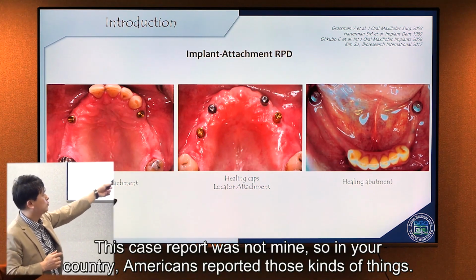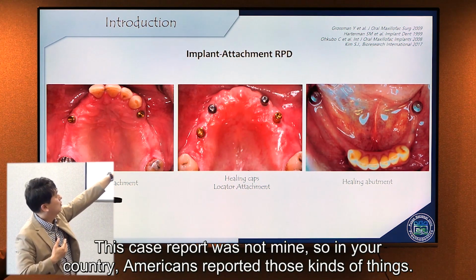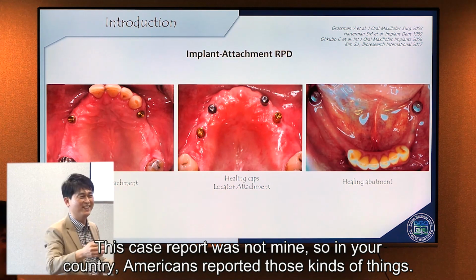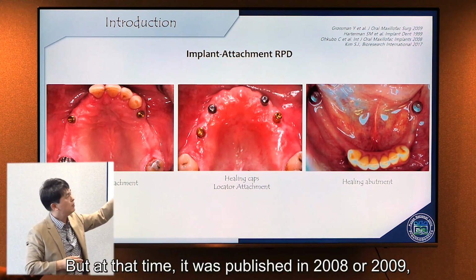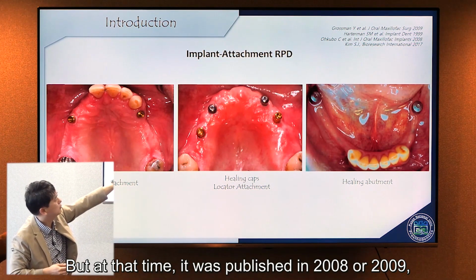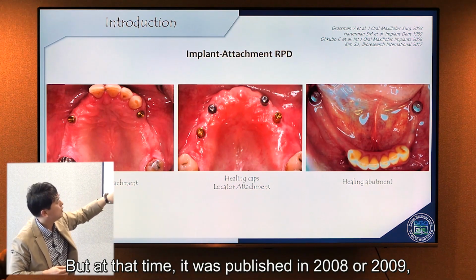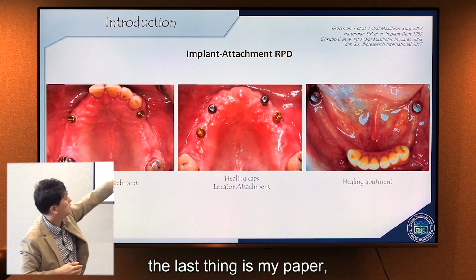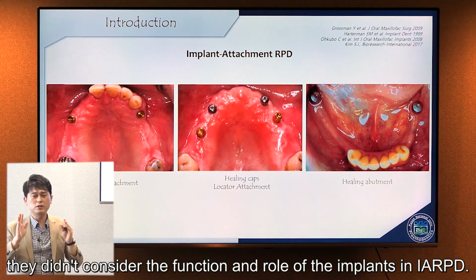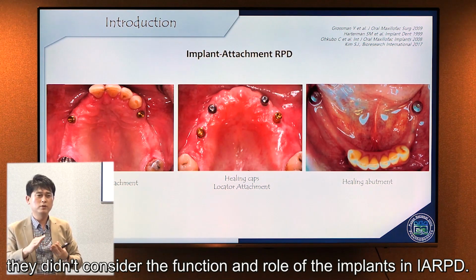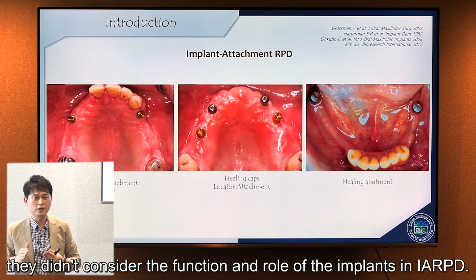Anyway, this case report was not mine. In your country, Americans reported those kinds of things, but at that time, they published around 2008 or 9. The last thing is my paper. Anyway, they didn't consider the function and role of the additional implants in implant-assisted removable partial dentures.